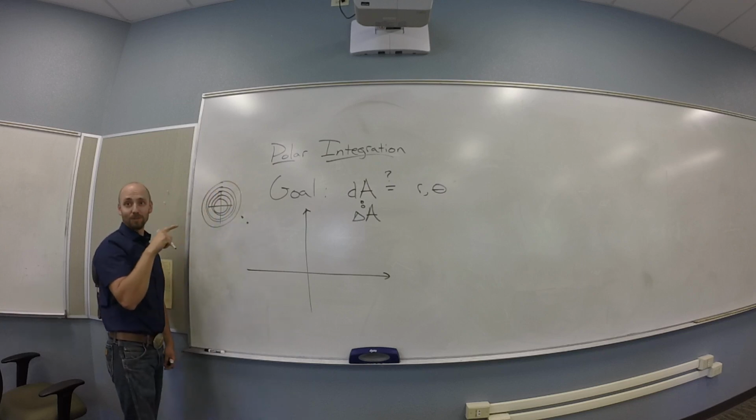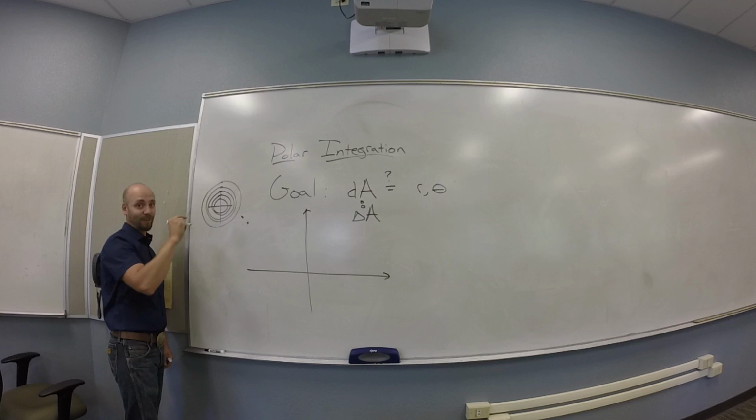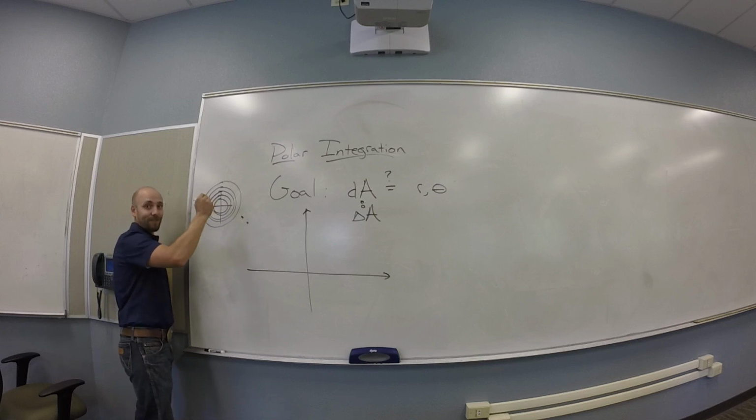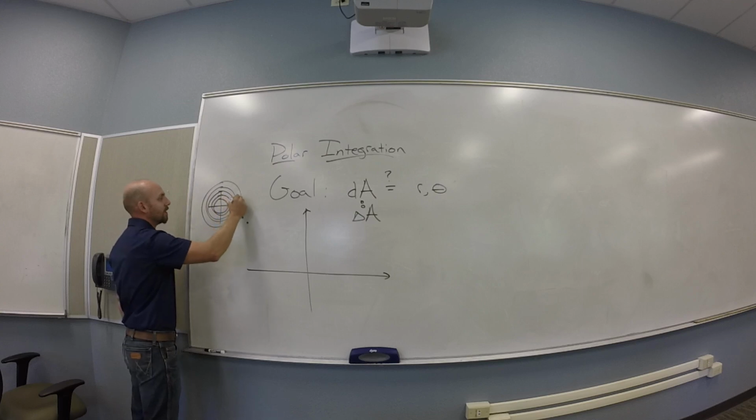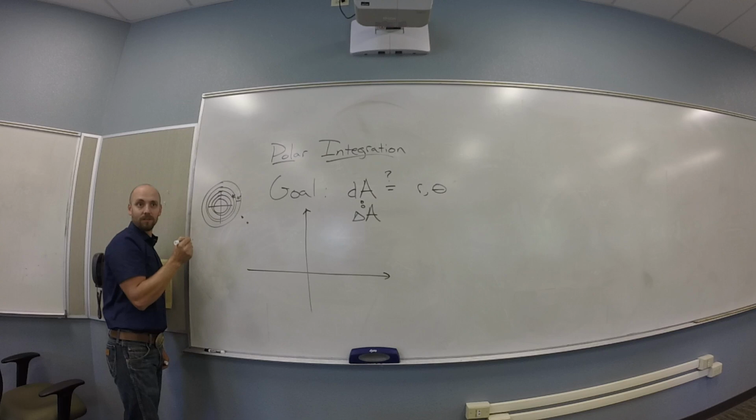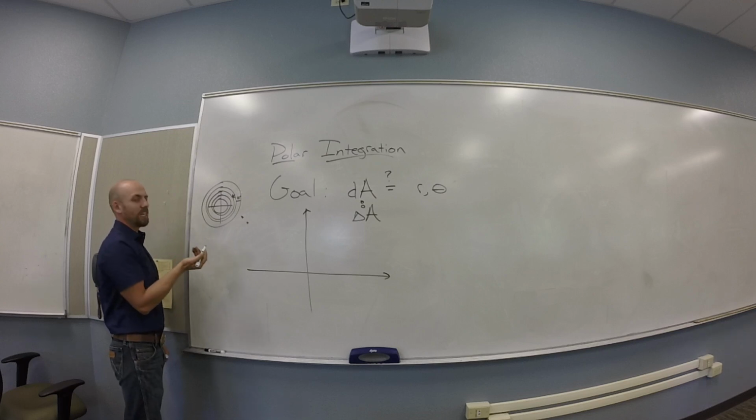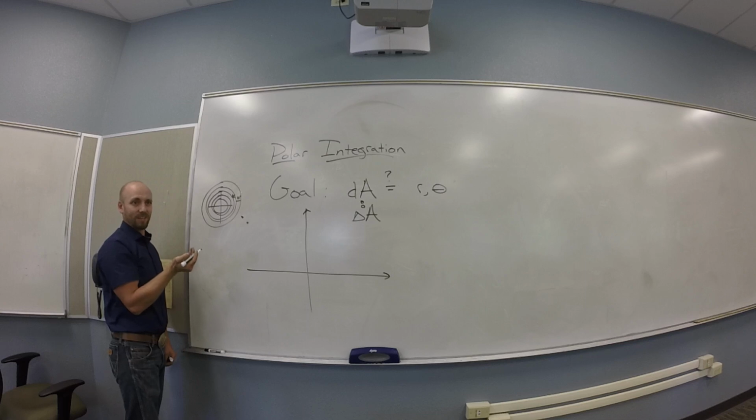I know you guys aren't impressed by that, but that takes forever to learn how to do. Okay, and then, so these are all like delta r wide. You guys see that?